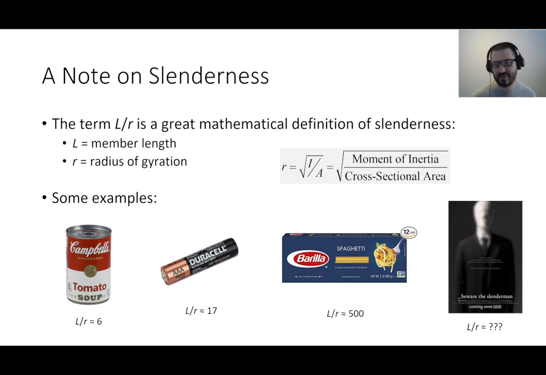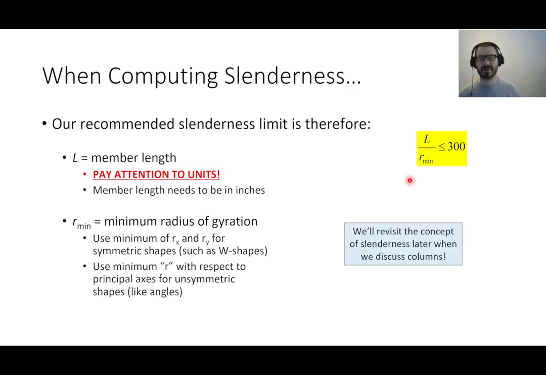If you take a moment of inertia, divide it by an area, and then take the square root, you get an answer in inches. One thing you've got to be careful about when computing slenderness is the units. When you look up the radius of gyration, it will typically be in inches, but when we're talking about how long a member is, we typically express that in feet.